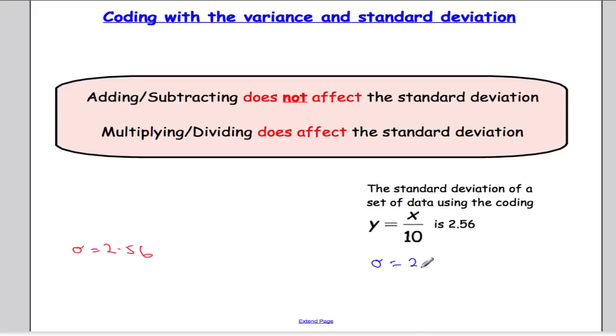That means the standard deviation is going to be 25.6. So if you divide by 10 with your coding, to get the original standard deviation back, you need to multiply by 10. Or if it was divided by 100, again, you'd need to multiply by 100. If it was times by 20, you would have to divide by 20 at the end to get the original standard deviation.